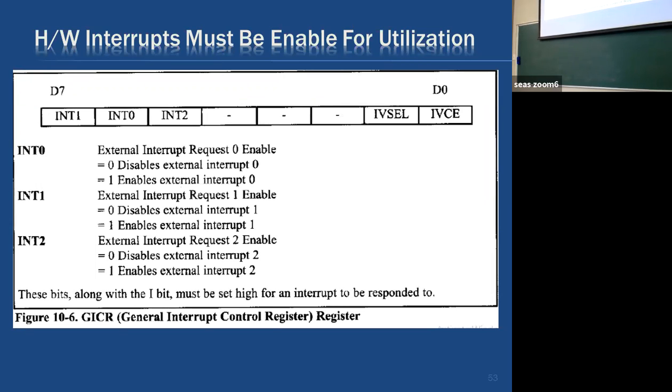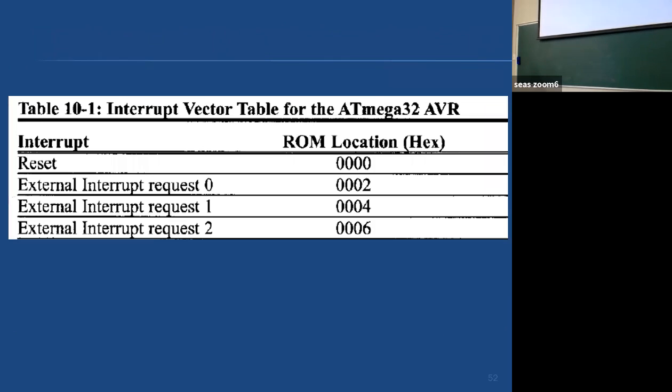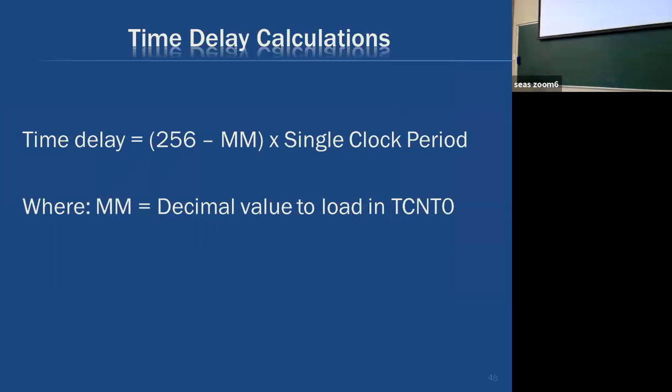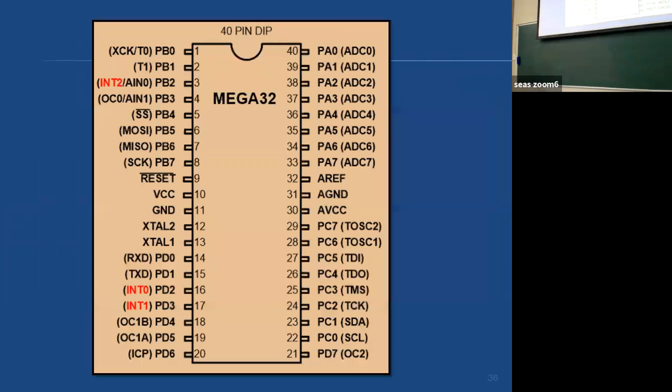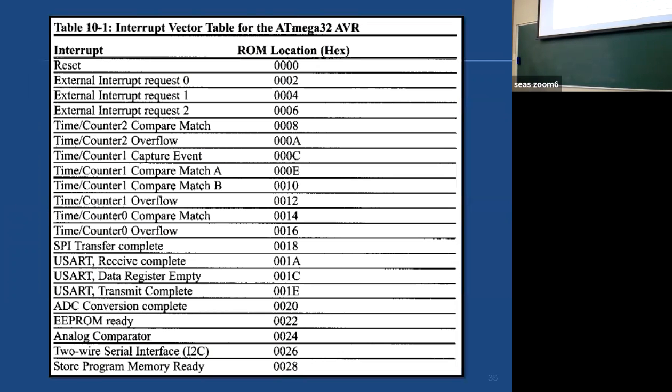Okay, the question is, can we enable 2 interrupts? Answer is yes. You can enable all the interrupts. Where are these interrupts? This is the list. You can use as many interrupts as you want. There is a defined priority that we will refer to towards the end of the lecture.